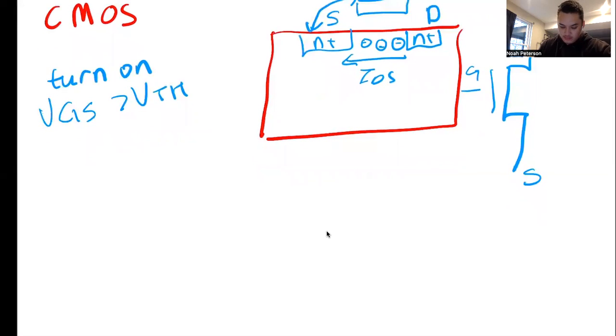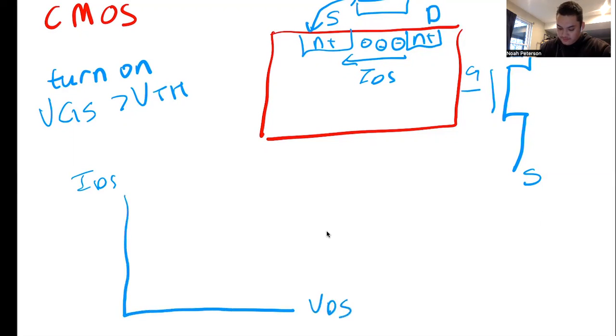In doing this, we'll talk a little bit about the IDS and VDS curve. As you increase VDS, it will look something like this, and then it plateaus.